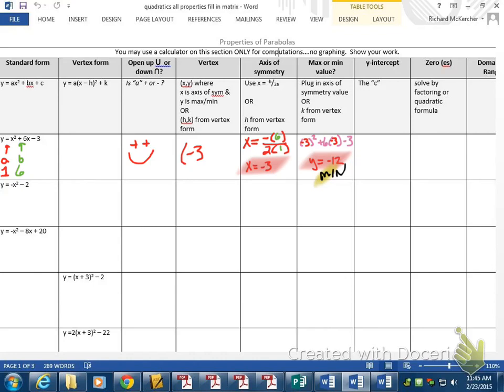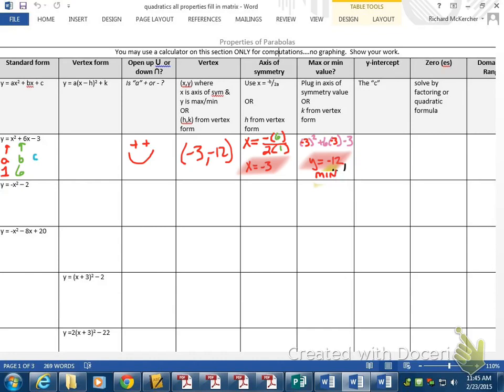Alright, now together these two give you the vertex. I must have done this in a different order. Together these two give you the vertex though, so that's where that came from. And of course that's where I mentioned that it was the minimum.